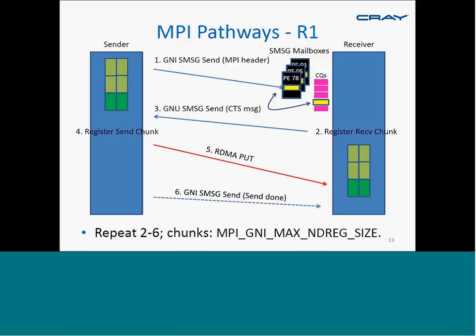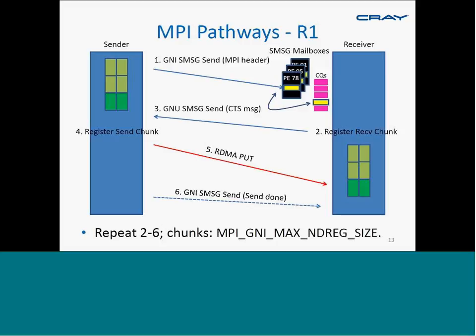The sender will register its chunk, and once the RDMA get is done, a message can be sent back to the sender saying the transfer was done. Then the receiver can unregister the chunk it just used, register the next chunk, and start over. So your steps 2 through 6 will happen once for each chunk of the large buffer.